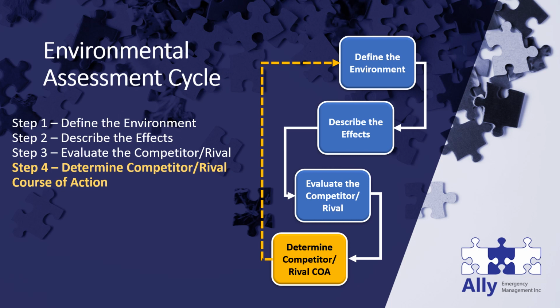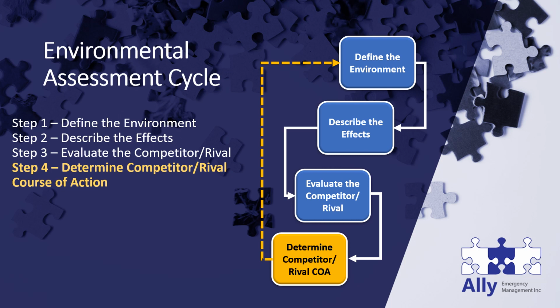There's also the concept of most likely and most dangerous. This really applies to cases where you've got a competitor that can make decisions and has their own planning process. And I think it could also be applied to situations where the environment has been modeled and there are a number of different models.